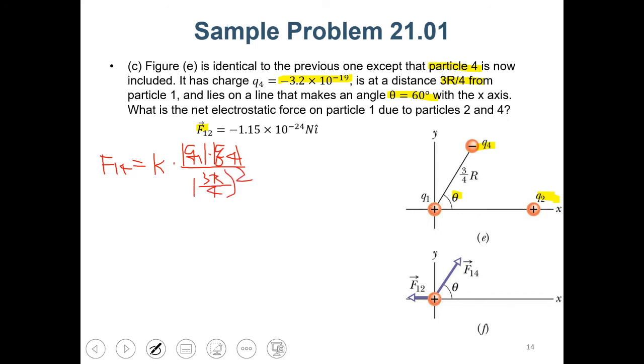Then you substitute the numbers: 8.99 times 10 to the 9, 1.6 times 10 to the minus 19, 3.2 times 10 to the minus 19, and 0.02, and then you get the answer. This is the same as the previous one, which is 2.05 times 10 to the minus 24 Newton.